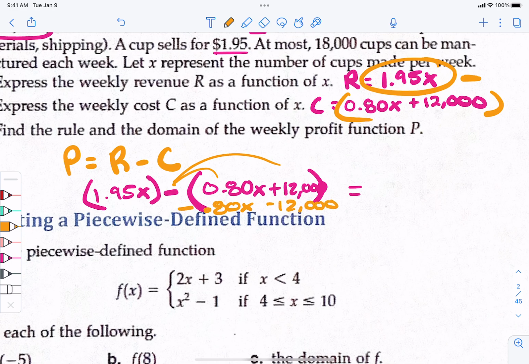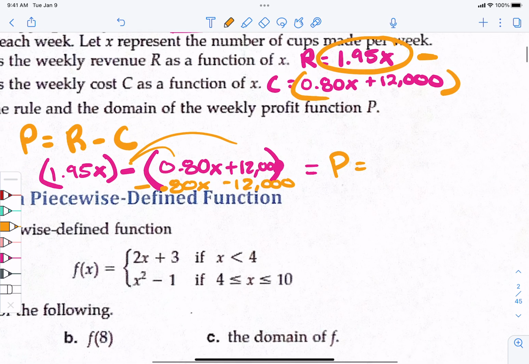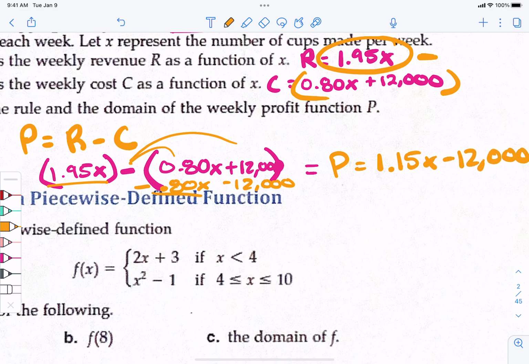So my profit equation would be something like what? If I put my x's together, 1.95x minus 0.80x, what's that going to be? 1.15x minus 12,000, right?